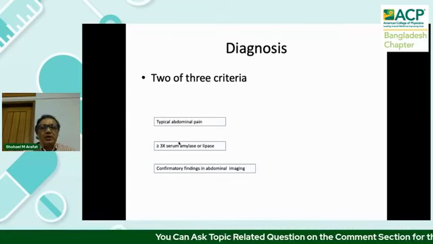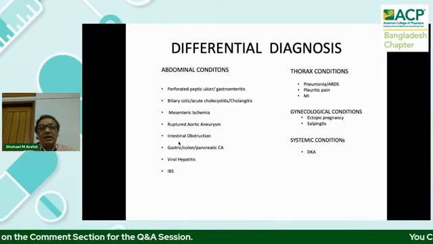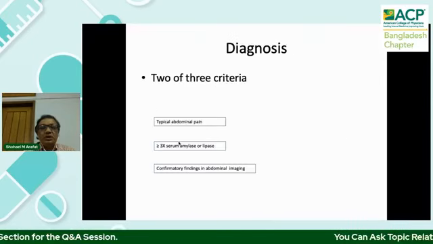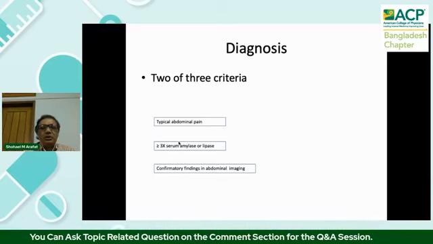As I have said before, some enzymes might be raised in perforated peptic ulcer, biliary colic, mesenteric ischemia, aneurysm, even DKA; they may cause an increase in the level of these enzymes. But if it is more than 3 times the upper normal limit, that virtually excludes other differentials.